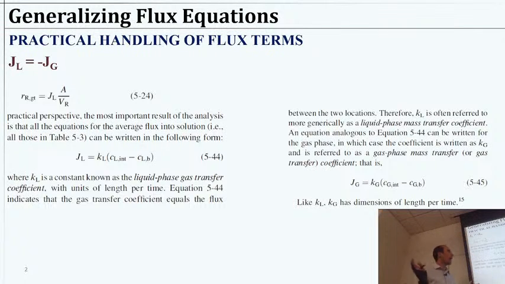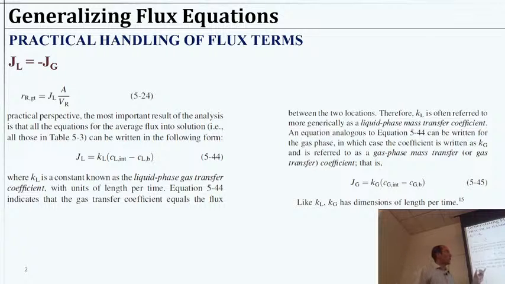When we average some flux, we could describe it as this flux equals some constant for that liquid interface times the concentration of the liquid in an initial state minus the concentration of the liquid at some second state, B we'll call it.